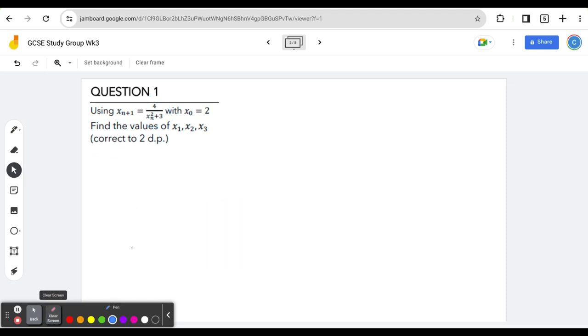Okay, so let's write this out. So we have xn plus 1. To get the next term, we have to do 4 divided by the square of the previous term plus 3. So what I'm going to do to get x1, because it wants me to find x1, 2, and 3, I'm going to have to use x0, which is the previous term, which they've given to us here.